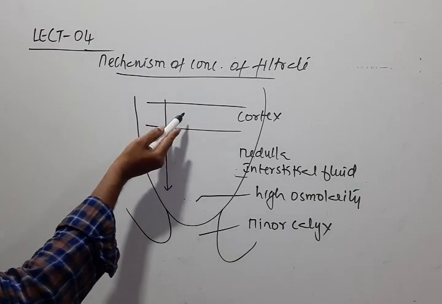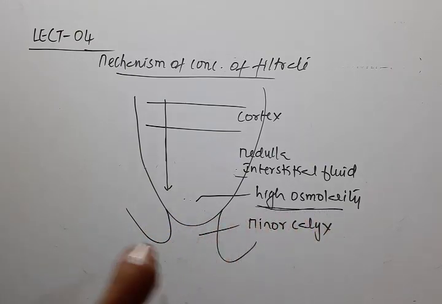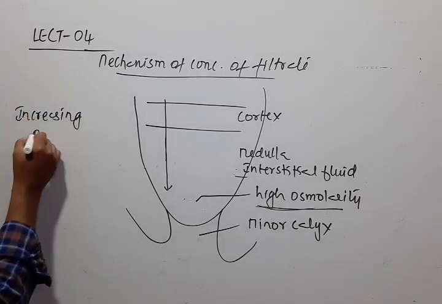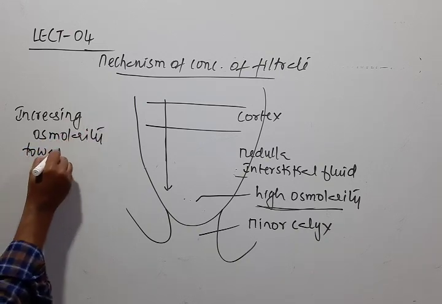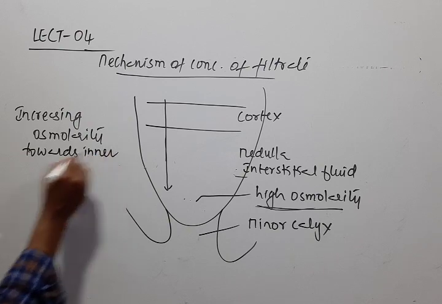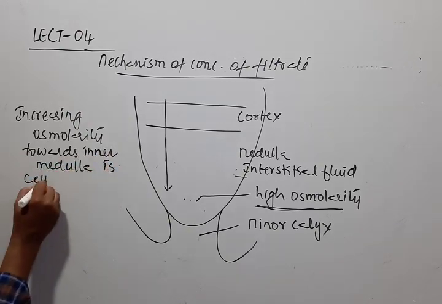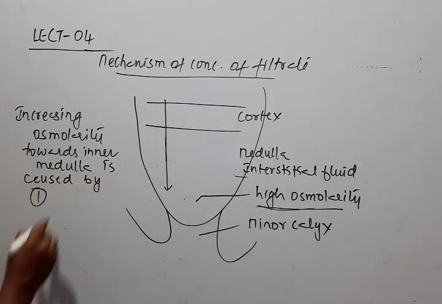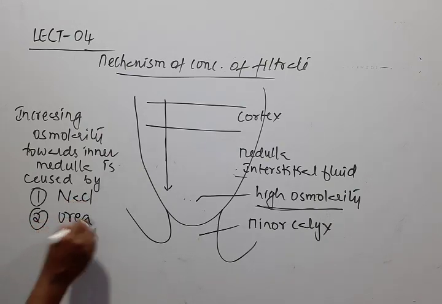Okay, so I told you that from the cortex to the inner medulla there is an increasing osmolarity. That increasing osmolarity towards the inner medulla is caused mainly by two substances: sodium chloride and urea.